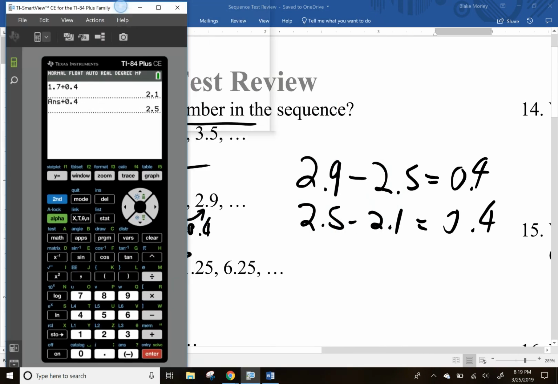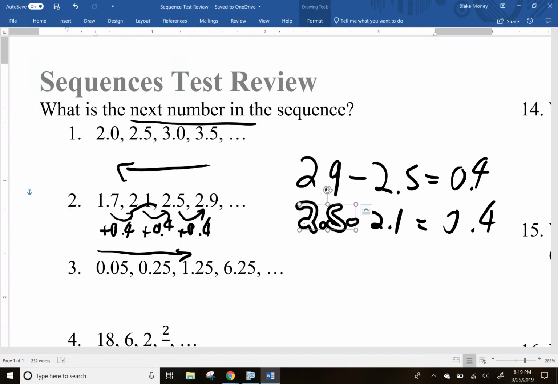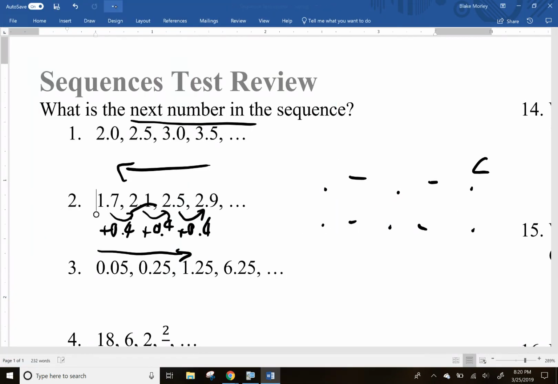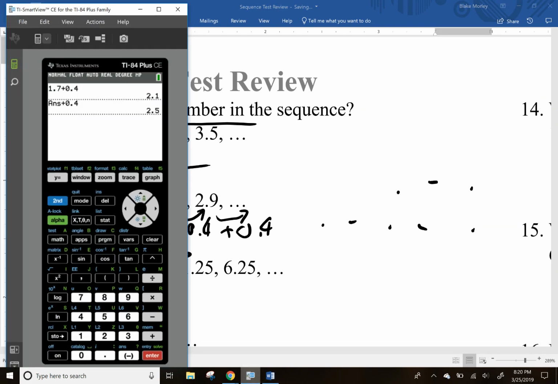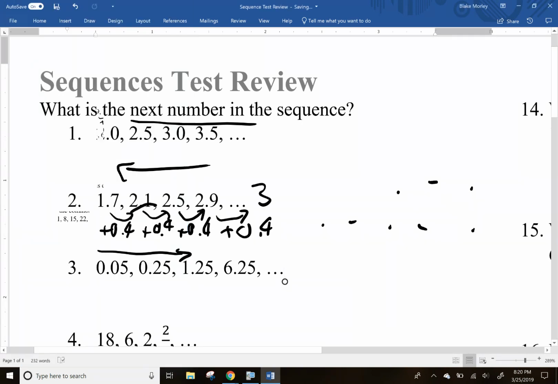So it works, and you can double check with the calculator. So now that I know what I'm doing here, I'm adding the same number every time. Then if I add it one more time, plus 0.4, I'll get the next term. So 2.9 plus 0.4 is 3.3. So the next term would be 3.3. And that would be our answer.